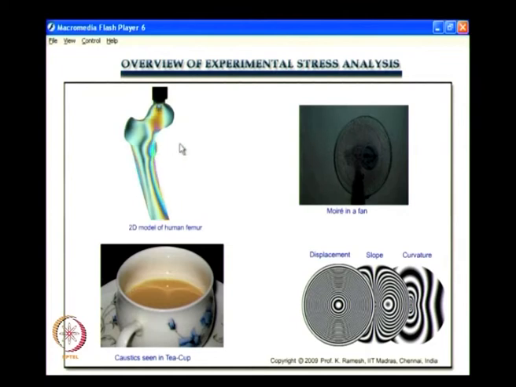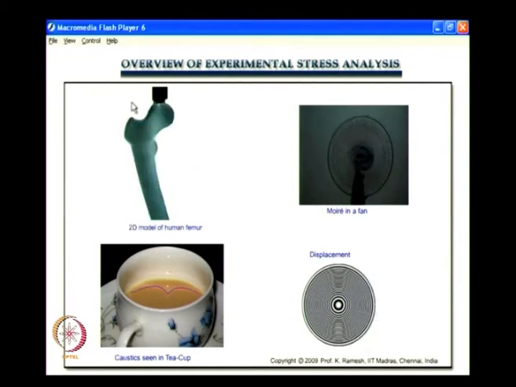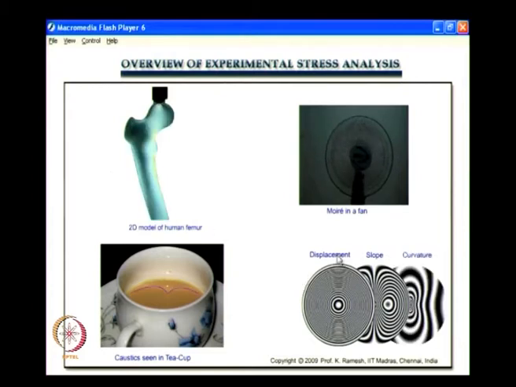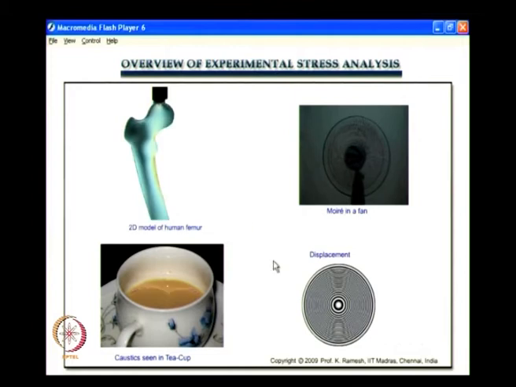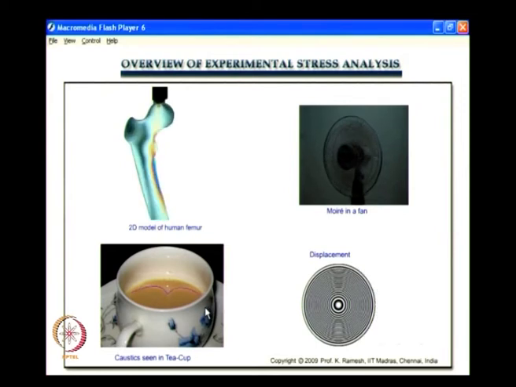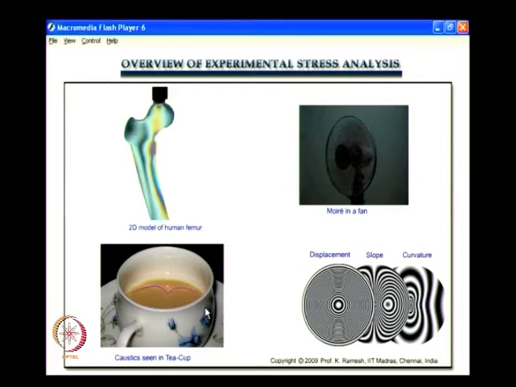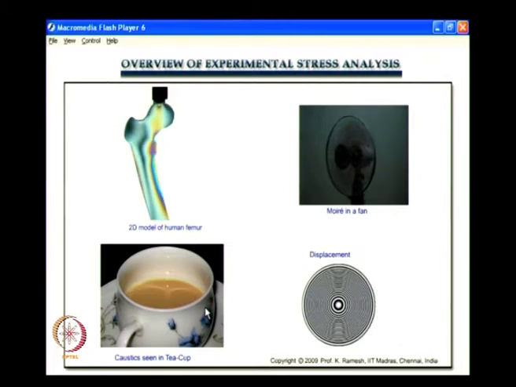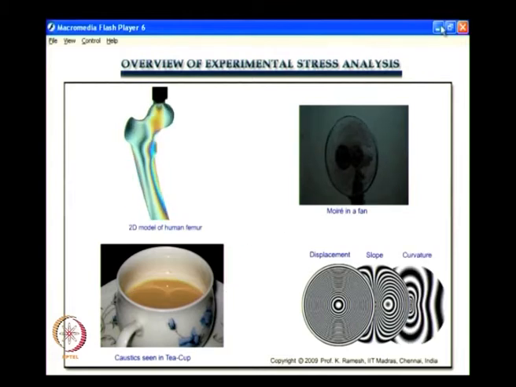So, what is emphasized here is, in experimental stress analysis I can measure stress information, displacement information, and also strain information, though it is not shown here. For each experimental technique there is a physics behind it. So, you need to appreciate the physics and understand how this physical information is exploited, and that is what we are going to see in the lectures to follow.